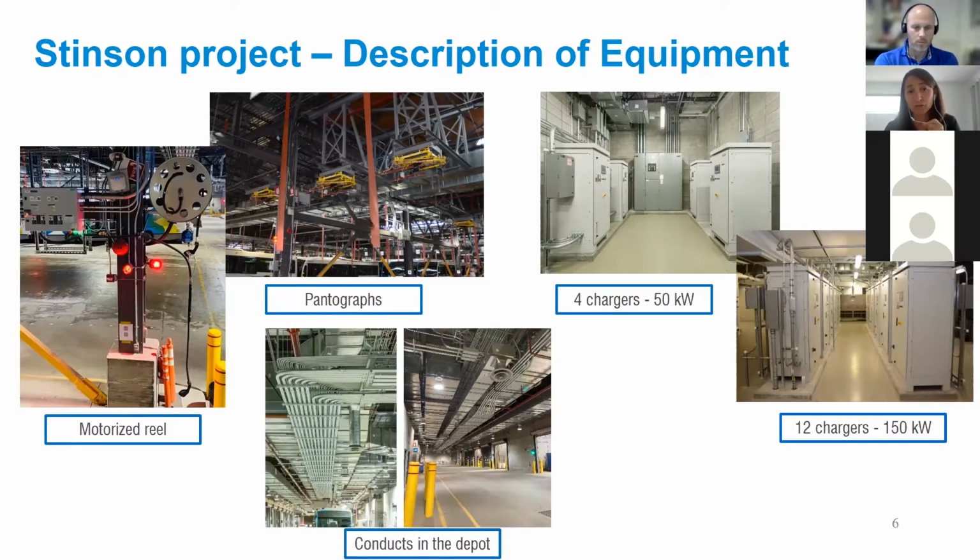We have more than 30 kilometers of conduit and wires between the chargers and the pantographs. It was a bit complicated to do all this work while the depot is in operation.